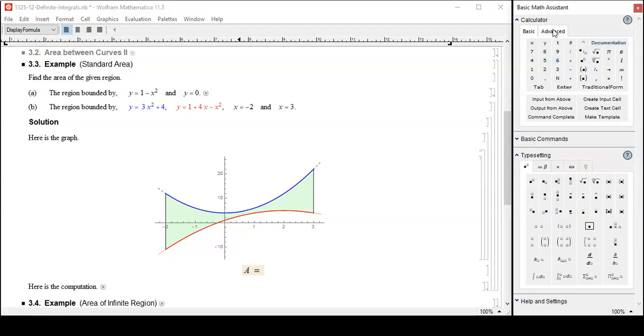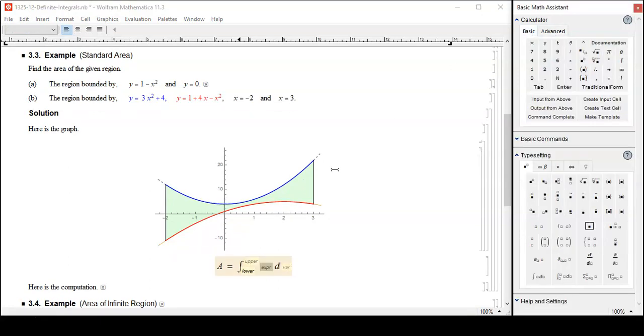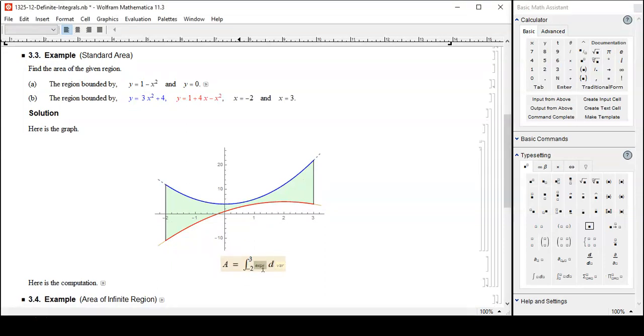the integral from -2 to 3. And the upper function is going to be 3x squared plus 4. And the lower function is 1 plus 4x minus x squared. And this is blue, and that's red.